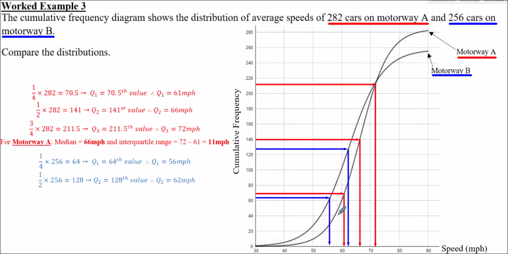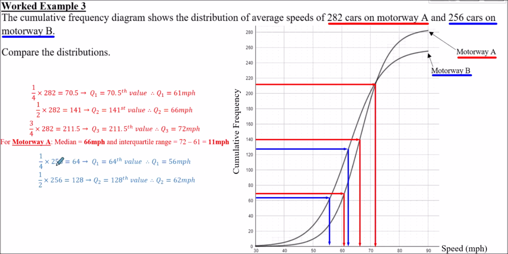Maybe 62, it's close, it's between 60 and 63, so I've gone for 62. Almost 63, but probably close to 62. Again, it's an estimate, so don't get too caught up about getting a microscope out and measuring within a nanometer. Just do it as close as you can.